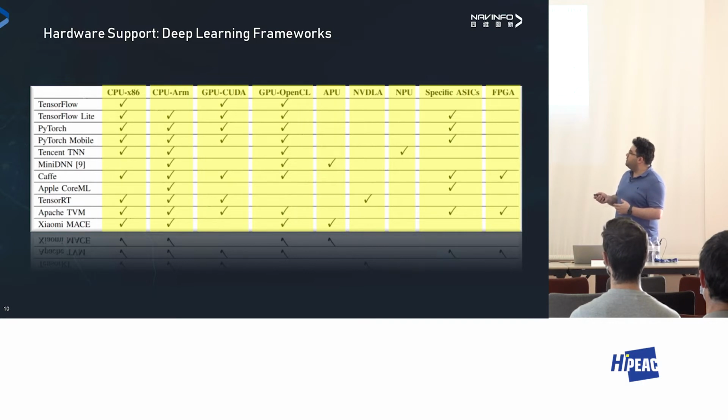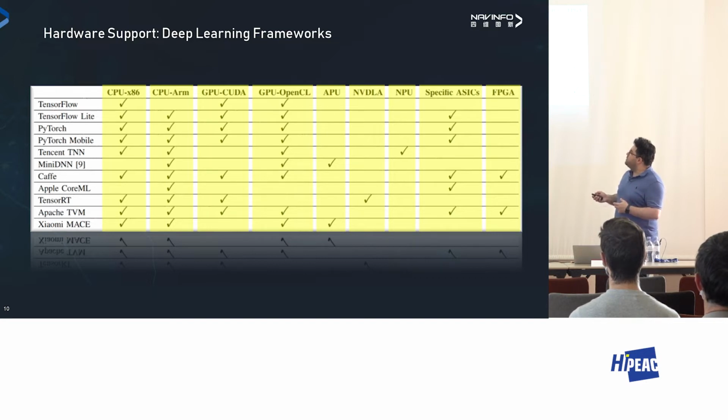We have Tencent TNN from a Chinese company, MiniDNN is also from another company. We have Caffe, we have a specific deep learning framework from Apple, which is called CoreML. We have TensorRT, which is, well, not a deep learning library, but I would say it's an optimization library for Nvidia devices. We have Apache TVM, again for optimizing, and also the Xiaomi framework.